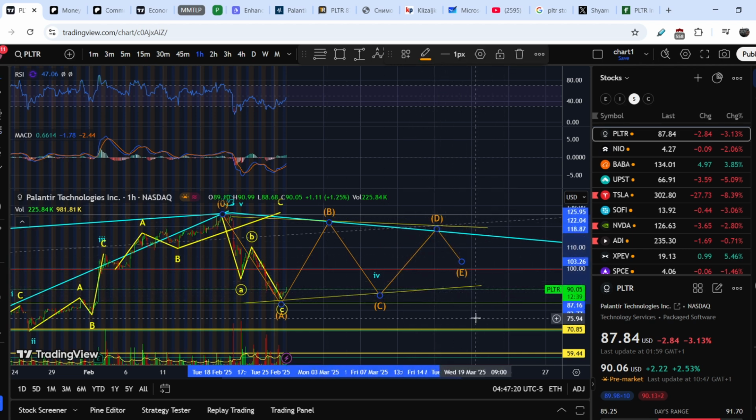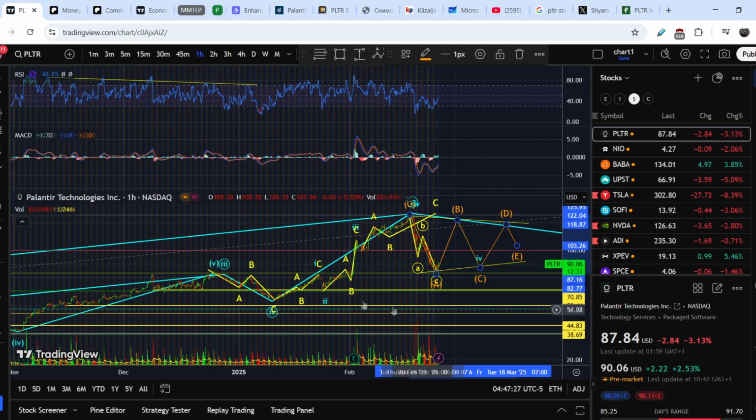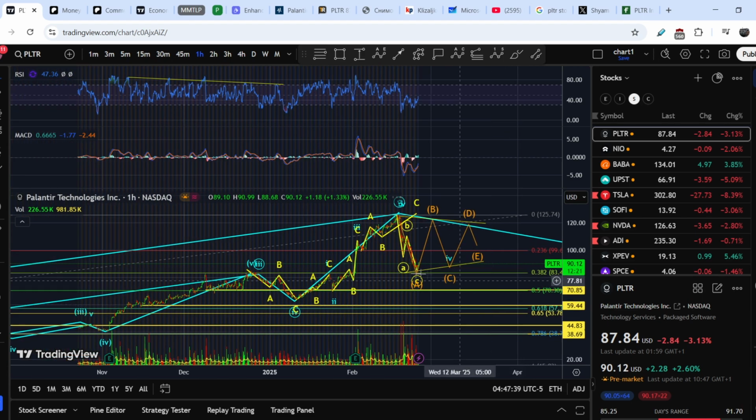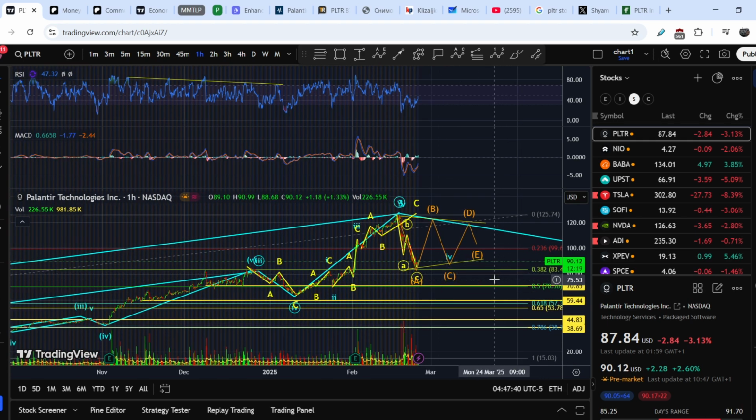In my opinion, it is basically one of the most probable outcomes, because we have to see longer consolidation phase, and longer consolidation phase might be pretty much only in the shape of this triangle. And if it happens, guys, we can project the major price target for the top of the fifth wave.